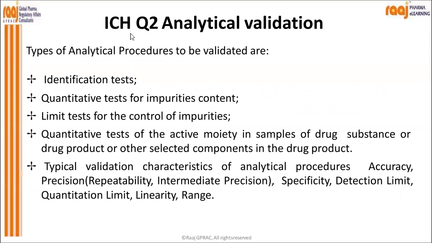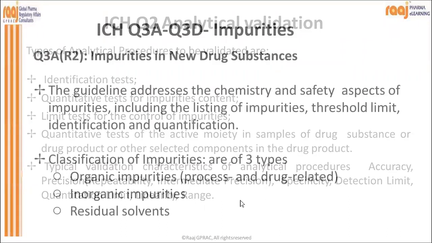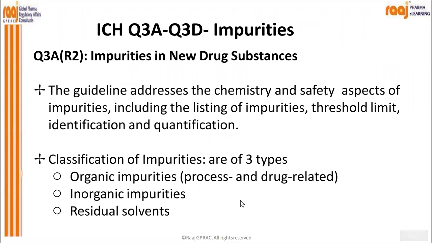Generally, there are identification tests, qualitative tests for impurities content, limit tests for control of impurities, and quantitative tests for active moiety in samples of drug substance or drug product. Typical validation characteristics of an analytical procedure are accuracy, precision, then specificity, LOD, LOQ, linearity, range. Everything is covered under this analytical method validation.